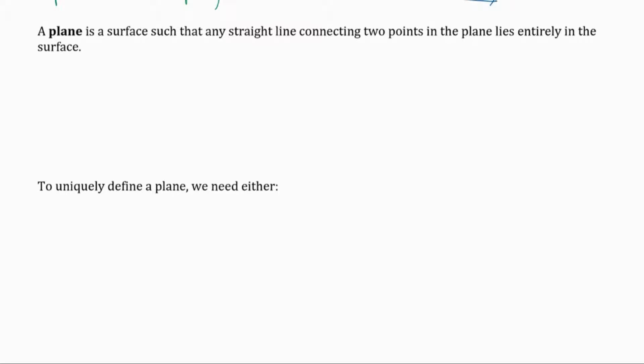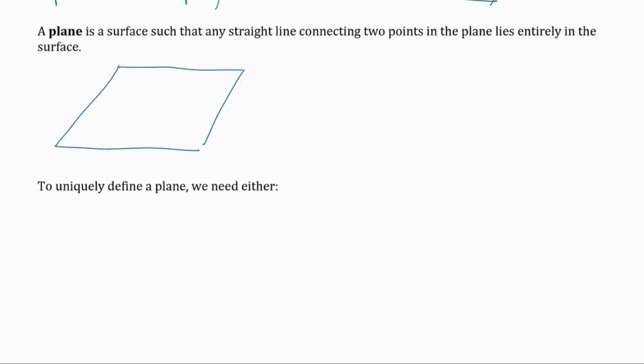Before we get into those specifics, some definitional stuff. A plane is a surface such that any straight line connecting 2 points in the plane lies entirely in that surface. So an example of a plane is very similar to the one that we just saw.